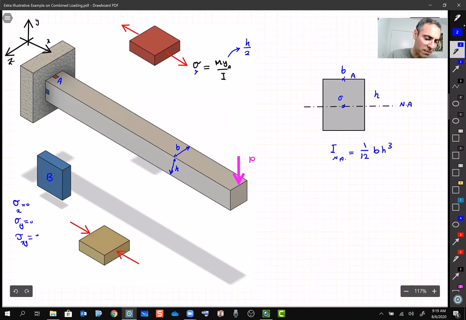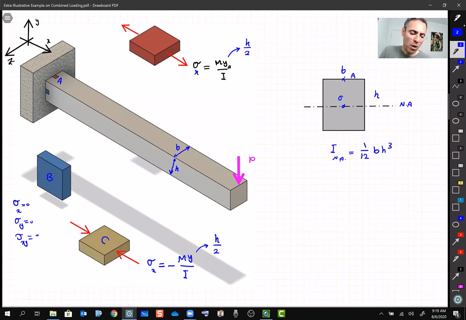Then when we go to point C, at the bottom, we can say simply that it has a sigma X, and this sigma X is minus My divided by I, where this Y is again H divided by 2, all right? So point A is under tension, point C is under compression, and point B, nothing is there, right?